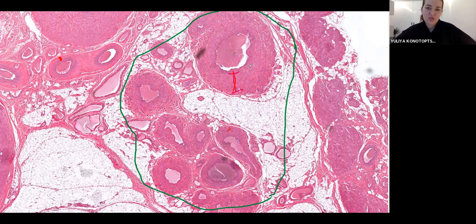So their tunica media is very special because it actually consists of 2 layers instead of 1, very similar to your arteries as well. So the reason why they're so thick, because they possess outer longitudinal layer of the muscles. So they have actually 2 layers there. They have the inner circular and the outer longitudinal layers within the tunica media.